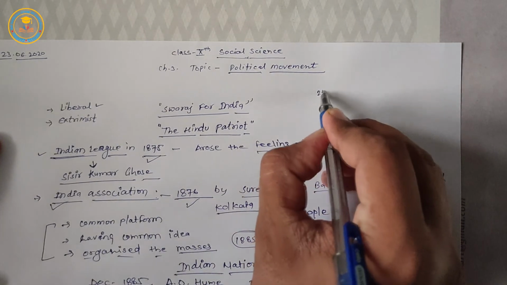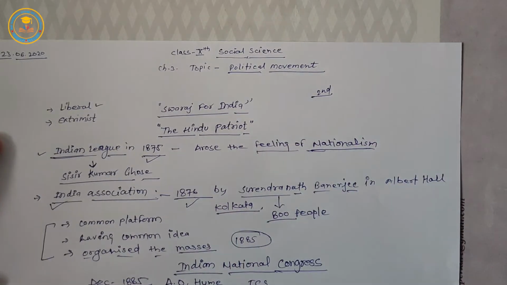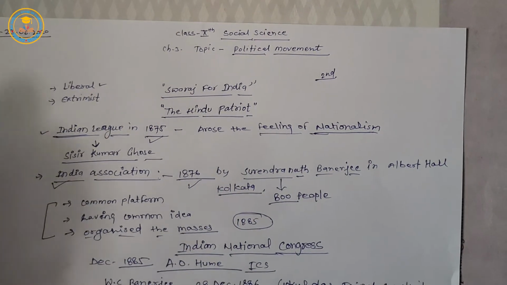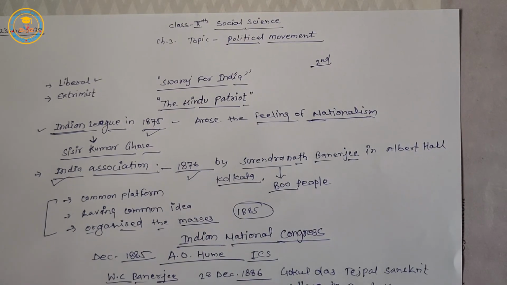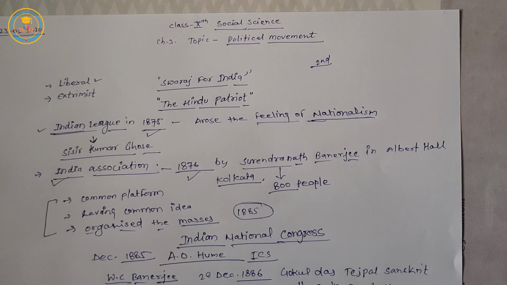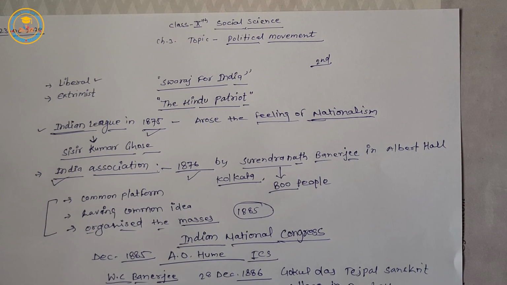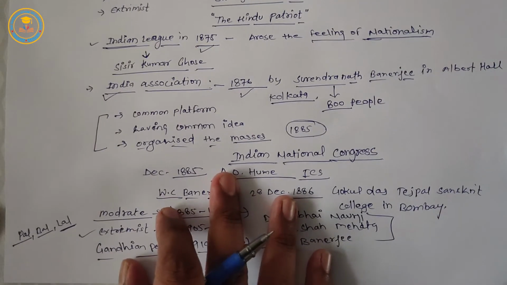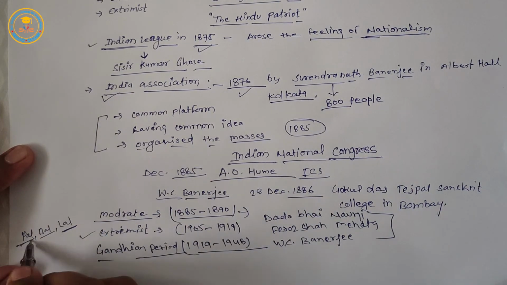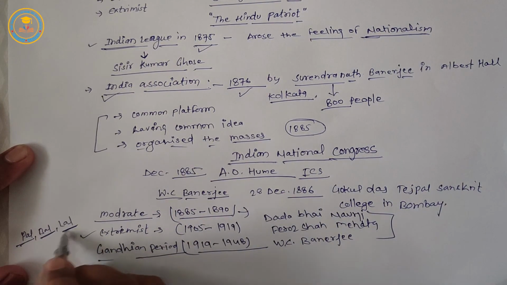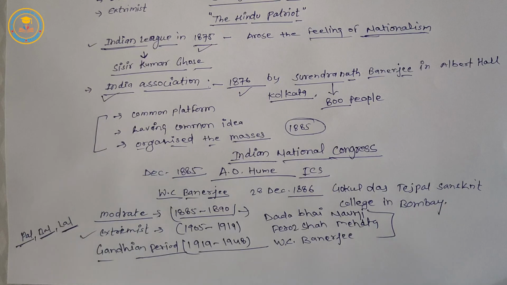The second phase was the extremist phase, and in the extremist phase, name three prominent leaders: Pal, Bal or Lal. Bipin Chandra Pal, Bal Gangadhar Tilak and Lala Lajpat Rai.